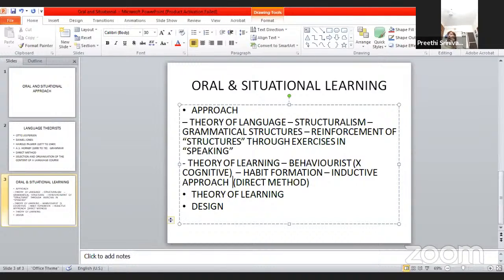That is not there in the oral and situational approach because it relies on the direct method in which there's no translation. So the way the teacher says, sit down, the students understand what they're supposed to do and they sit down. And when the teacher says stand up, they stand up. They are not given the vernacular equivalent of sit and stand.